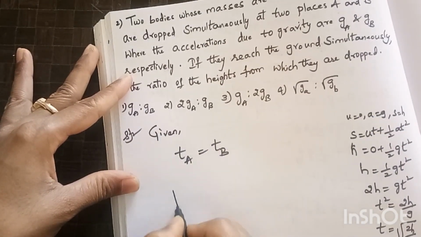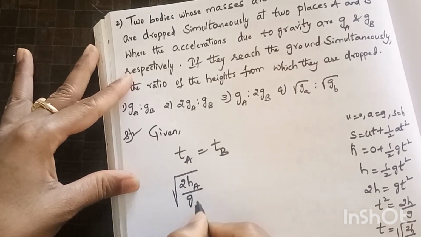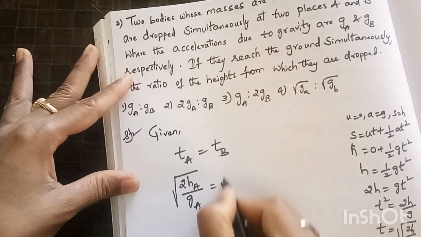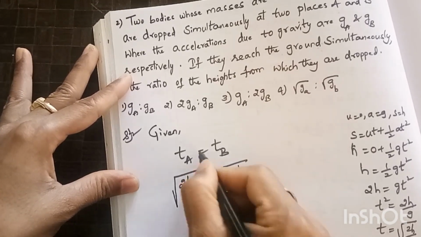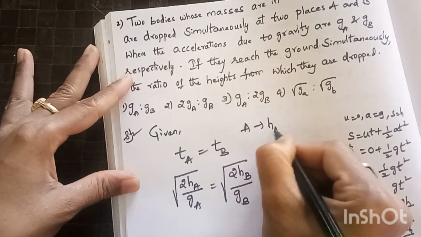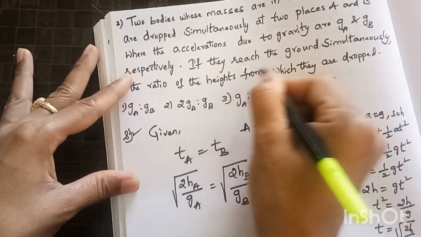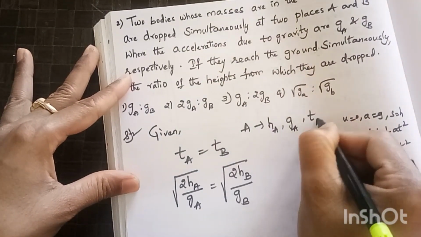What is TA? Under root 2 HA by GA. That equals under root 2 HB by GB. Why? Because body A has height HA, acceleration due to gravity GA, and time TA.